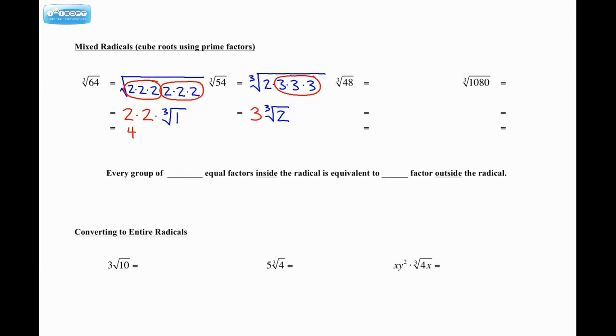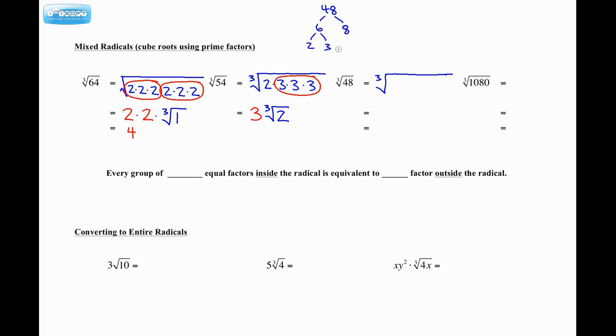Cube root of 48. I know 48 is not a perfect cube, so we would expect to have some numbers trapped. Let's do a prime factorization tree, why not? So this is 48. I know 48 is 6 times 8. That's one way to break it down. And 6 is 2 times 3.